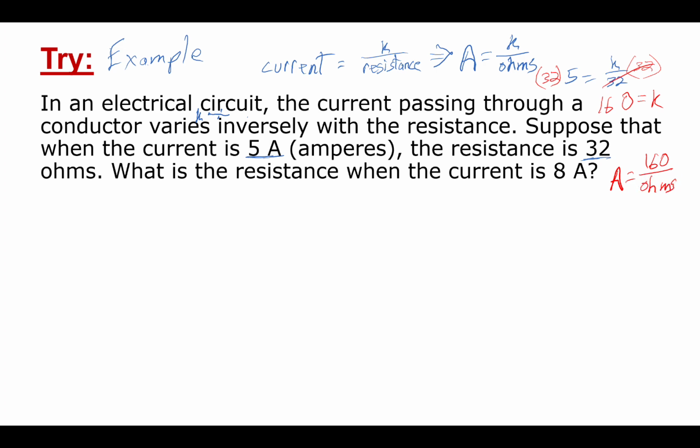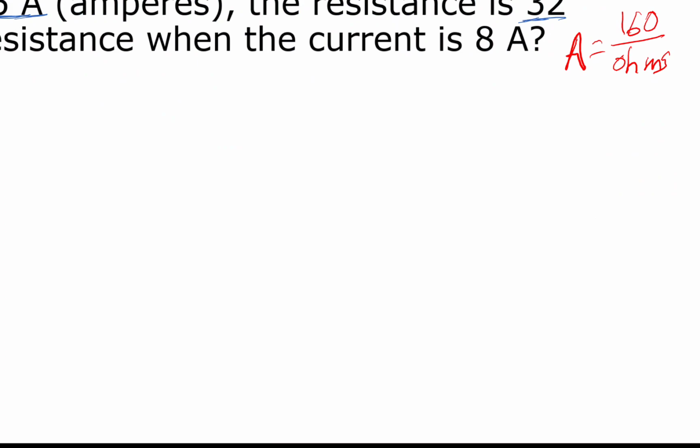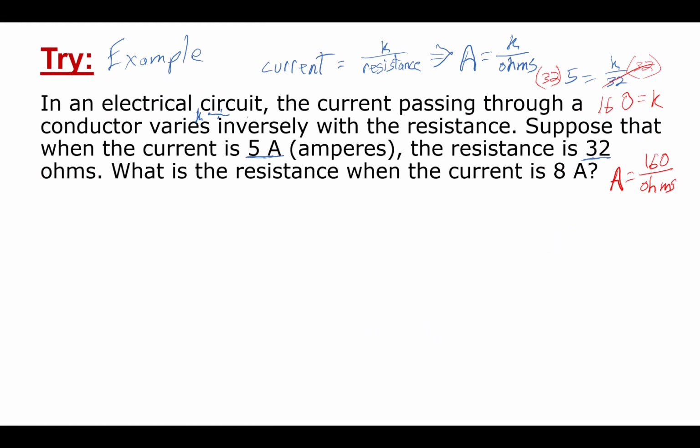Now I can use that one to solve, because it wants to know what the resistance is when the current's 8. So I have 8 is equal to 160 over ohms. And they're asking me to find ohms.